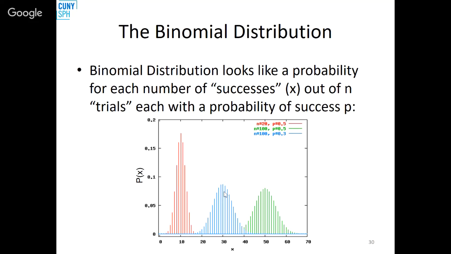So where the center of it is, is fairly intuitive. It's just the number of events times the probability of success in each one. Like if you flip a coin 100 times, the most probable number of heads is 50. If you roll a dice 10 times and all you care about is whether it's a 1 or not, then your most likely number of ones is 100 divided by 6.